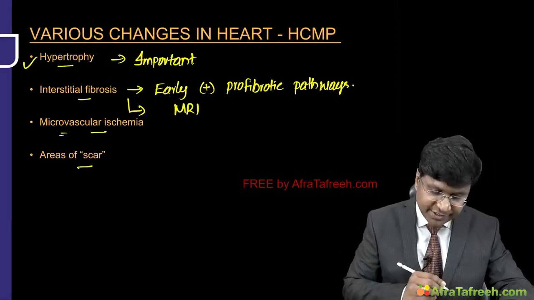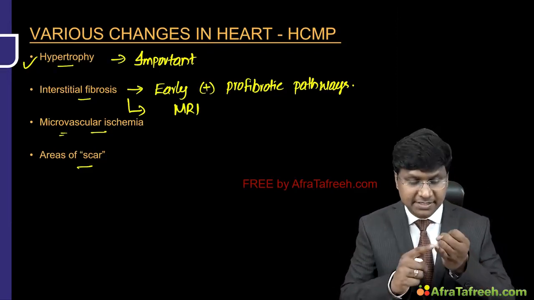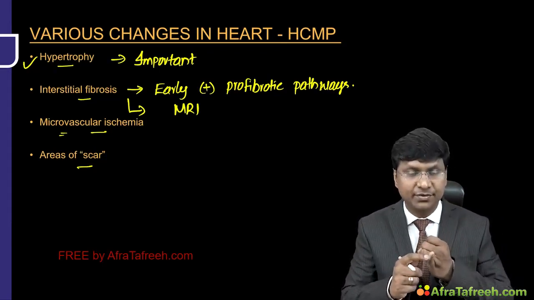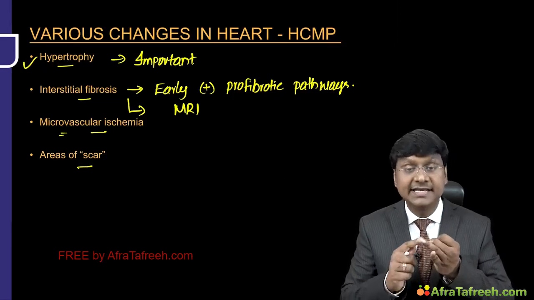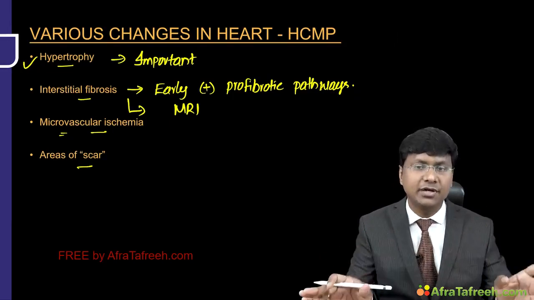Then the next important change is microvascular ischemia. So what is happening to your myocardium? There is increased thickness of the myocardium and there is decreased luminal area of intramural vessels.